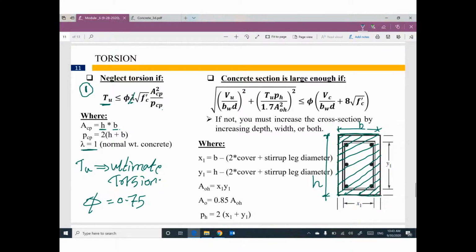Perimeter means B plus H plus B plus H, so (H plus B) times 2. Do you have any comment for the first step? Probably your torsion is smaller than this value. That means we can ignore this torsion. We can neglect this torsion.